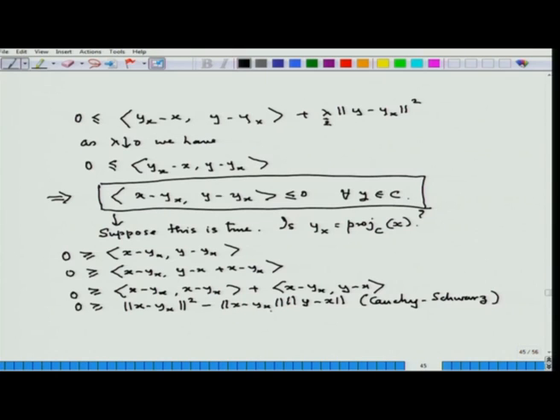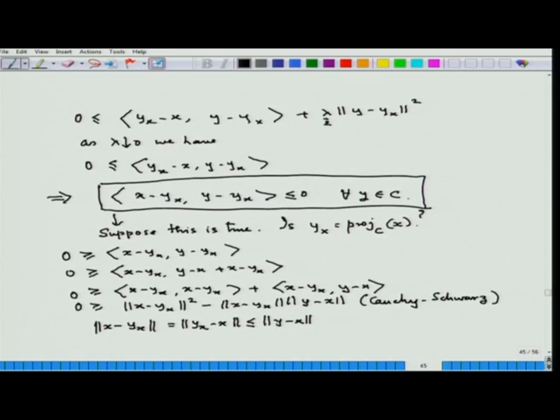Now, this means that I can take this on this side and cancel off this norm of x minus y x, and so finally, I will get the following inequality. I will get that norm of x minus y x, which is the same as norm of y x minus x, is less than or equal to norm of y minus x.